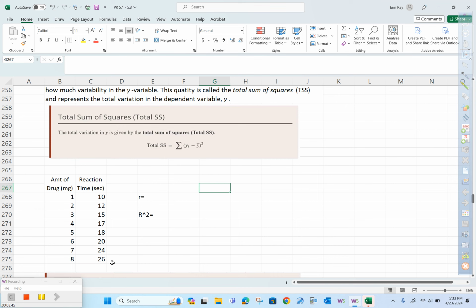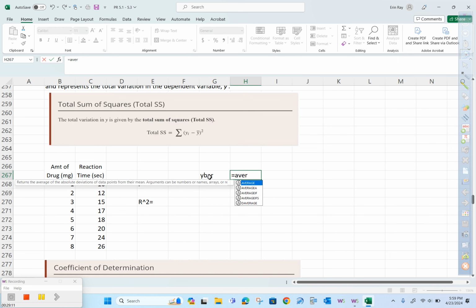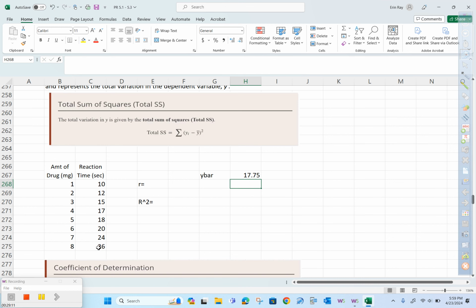Okay, the average reaction time we know is going to be somewhere between this 10 and 26. We can easily calculate it just by doing, let's do y bar over here, equals average, and then of your y's, the reaction time. There it is.